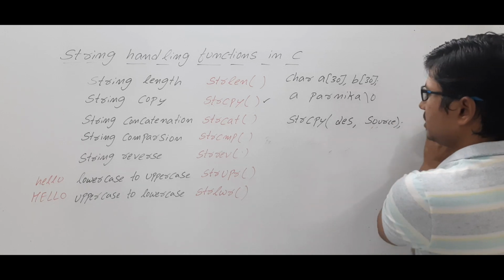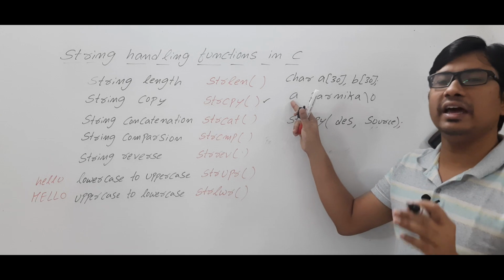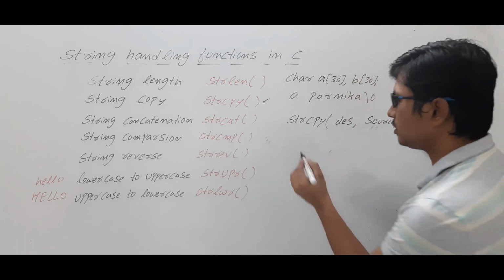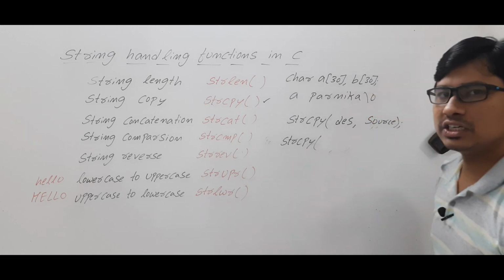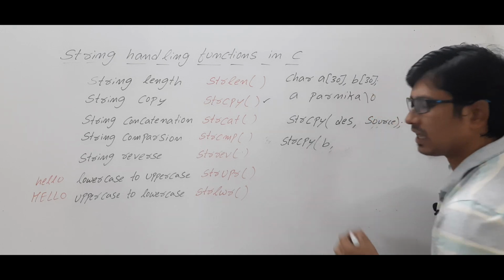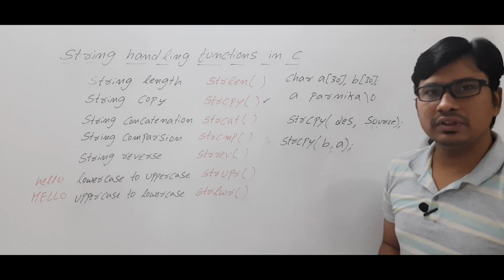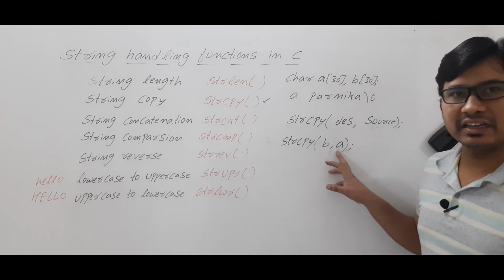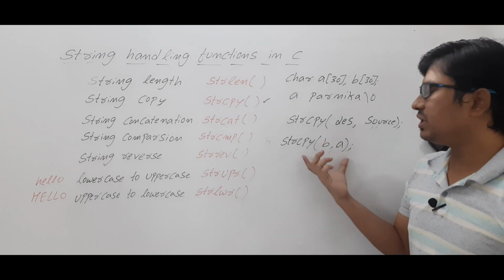Let's take that you want to copy whatever string is in the array A into B. So it will be strcpy, where the destination is B, which is an array name, and the source is A. Whatever string is in the array A, you want to copy it into the array B. So this is the way it will work.